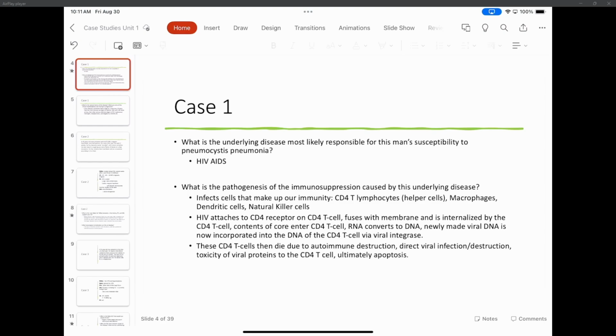Okay, is it there now? Yes. Okay, that's the right one.